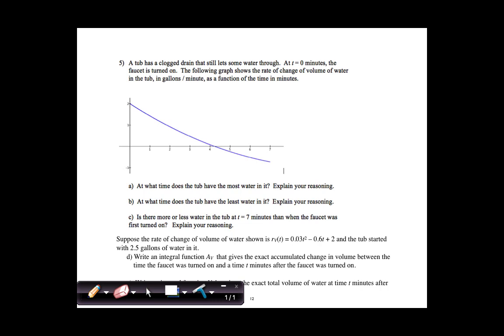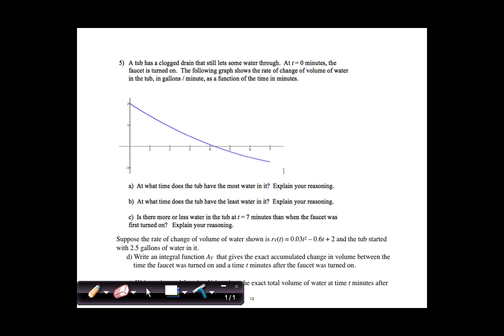Meaning by here, at 6, I'm at about -0.5. At time 6 minutes, the water's draining at a rate of about 1/2 gallon per minute, as in -1/2 gallon per minute increase, if you want to say it in terms of math instead of English. And then this rate becomes more negative.